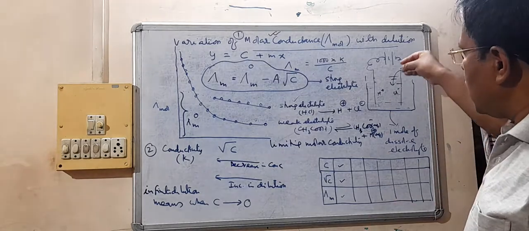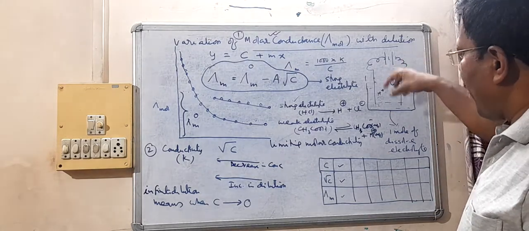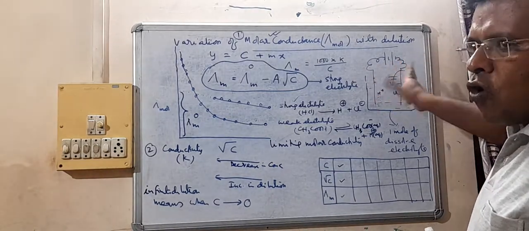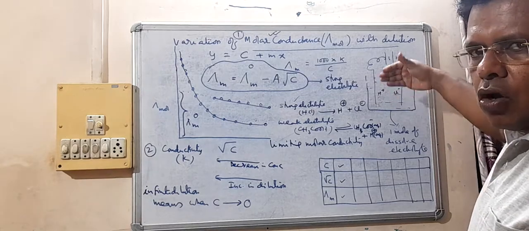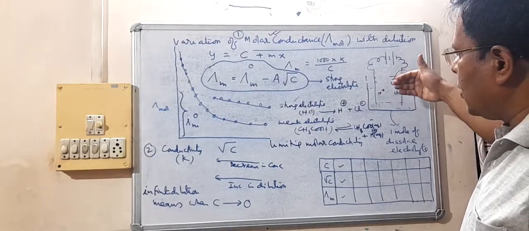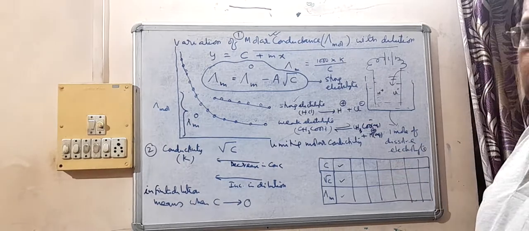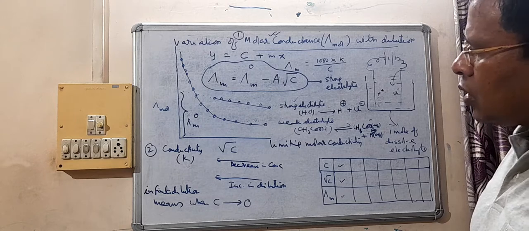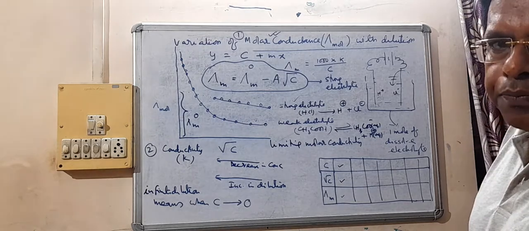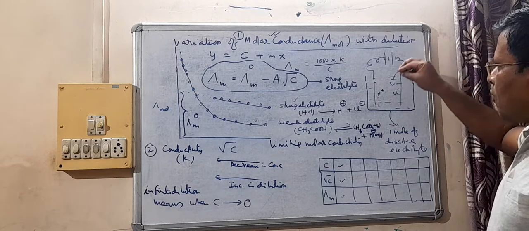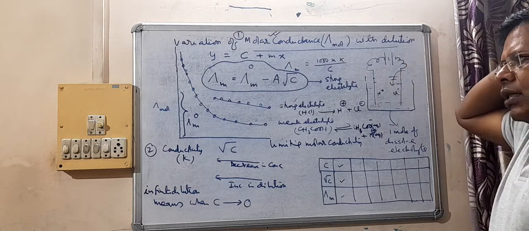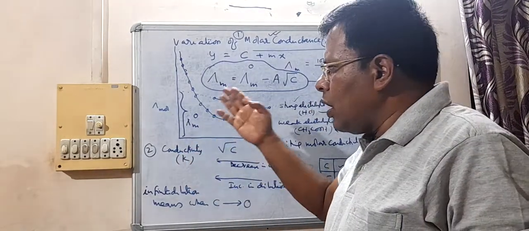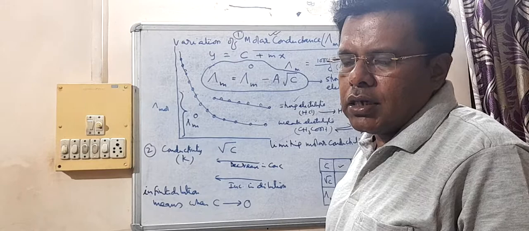Now you see, as we keep on adding water, the volume of the solution will always increase, and the number of ions per unit volume, you can easily make out, will decrease. So the number of ions per unit volume will decrease, and that's why conductivity will also decrease with increase in dilution.